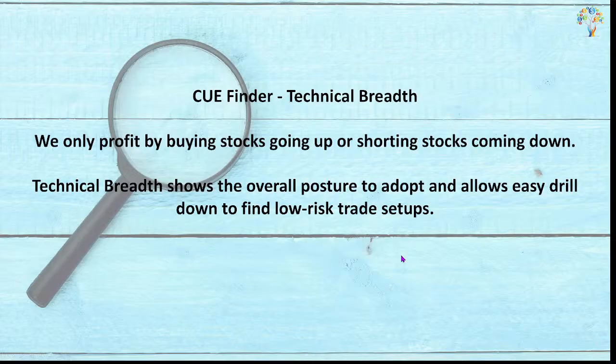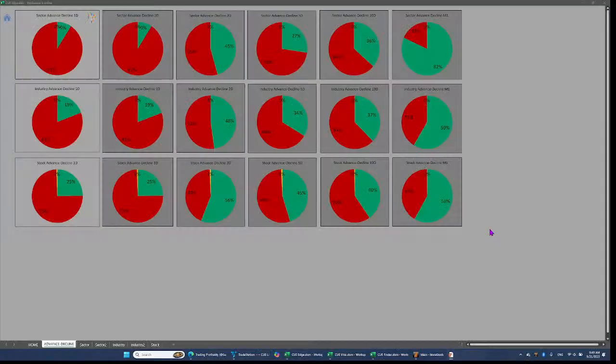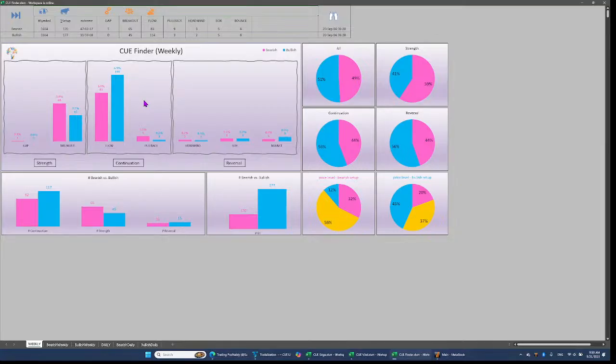Let's see, find the technical breadth. We only profit by buying stocks going up or shorting stocks coming down for directional trading. Technical breadth shows the overall posture to adopt and allows easy drill down to find low risk trade setups. Weekly technical breadth.